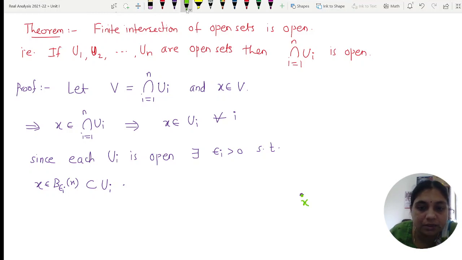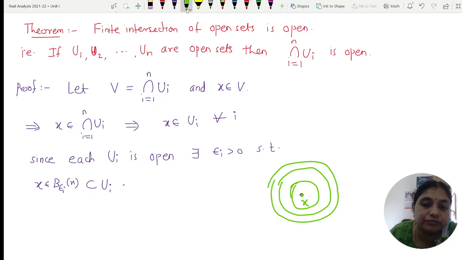This is one open ball, this is another open ball, and this is another open ball of different radius. Say this is epsilon 1, this is epsilon 2, this is epsilon 3, and so on. For every Ui, I have one epsilon i such that x belongs to B epsilon i of x, which is totally contained in Ui.